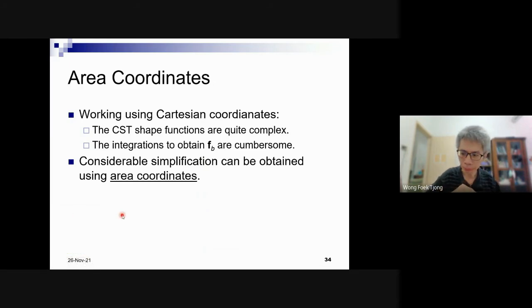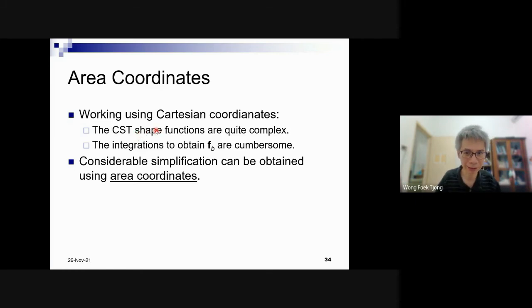Well, in the previous formulation, we worked with Cartesian coordinates. Cartesian coordinates are not the only coordinates available for formulating the CST element. Because using Cartesian coordinates, we see that the shape functions are quite a little bit complex, right?